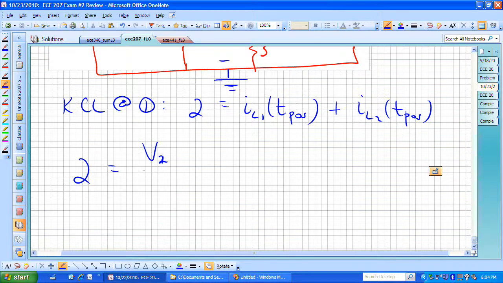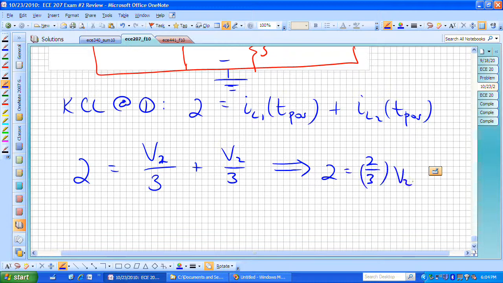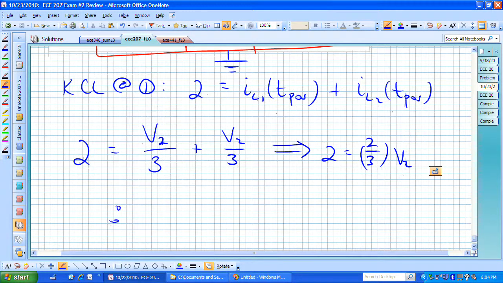We have V sub 2 over 3 as our current going down, and going to the right we also have V sub 2 over 3, and that now is our governing equation that allows us to conclude that we have 2/3 V sub 2 equaling 2, or if we cancel the 2 and multiply both sides by 3, we see that V sub 2 is now 3 volts.